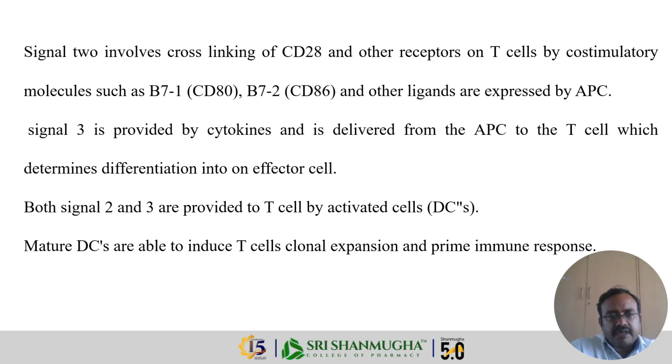Signal 3 is provided by cytokines, delivered from the APC to the T cells, which determines the differentiation into effector cells. Both signals 2 and 3 are provided to the T cells by activated dendritic cells. The mature DCs are able to induce T cell clonal expansion and prime the immune response.